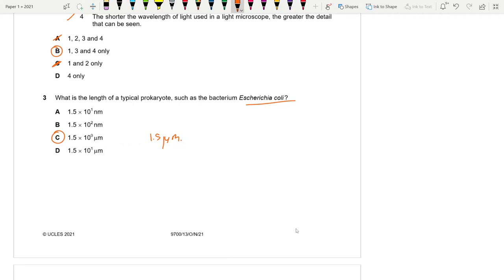What's the typical length of a bacterium if you guys want to know? It's about 5 to 10, it's around 5 to 10 micrometers, right?